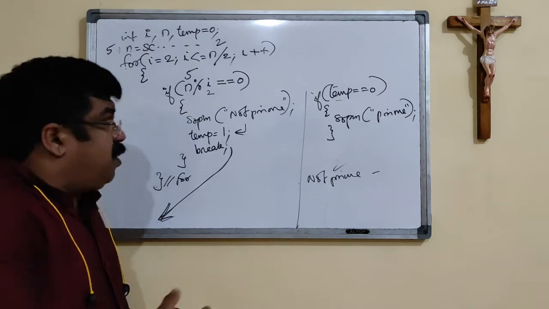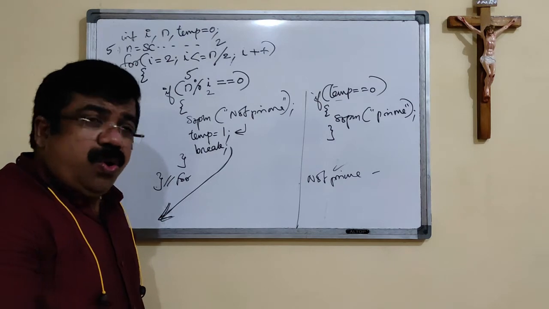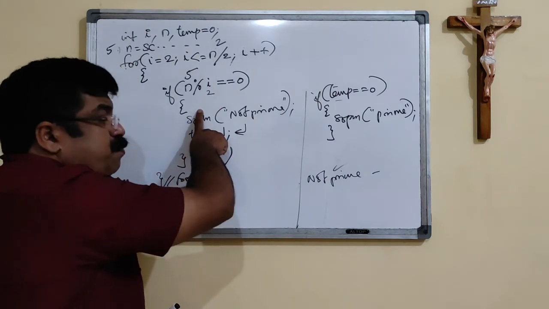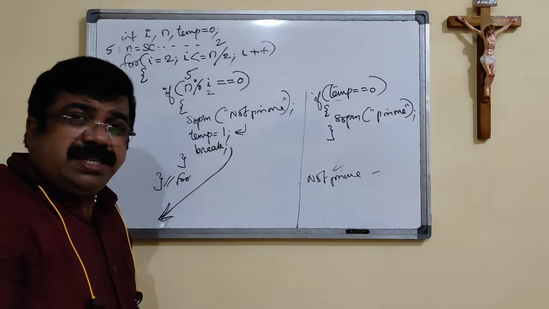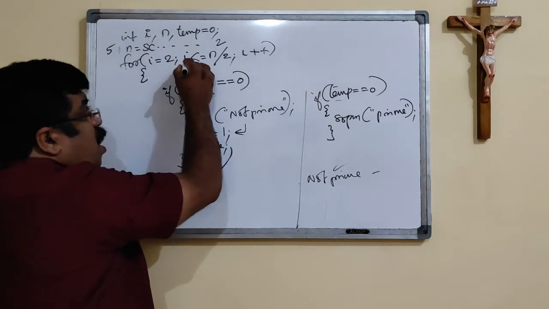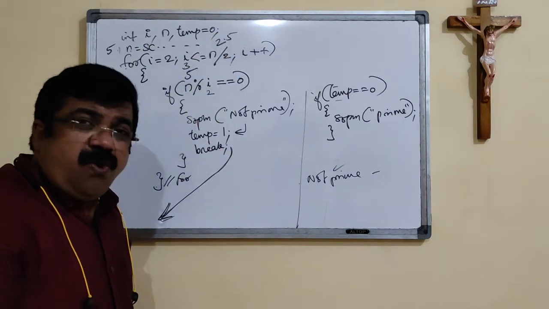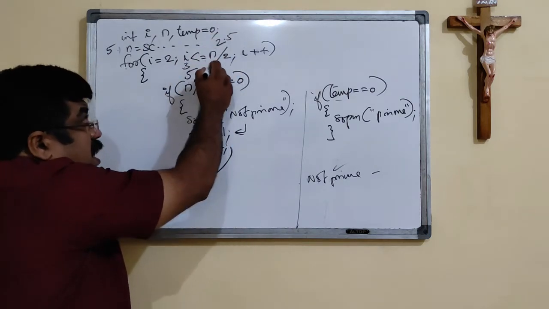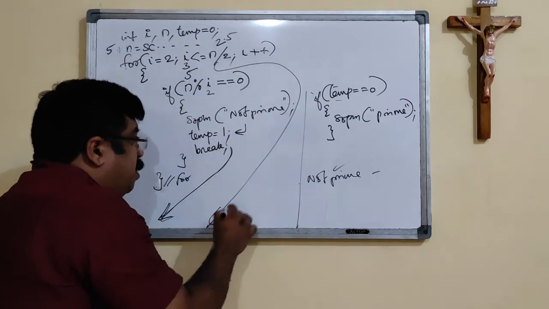Can you divide 5 by 2 without a remainder? No. So what will happen? This part is not executed. The for loop will get updated. i became 3 now. 3 less than 2.5? Condition is false. When the condition is false, we automatically come out of the loop.